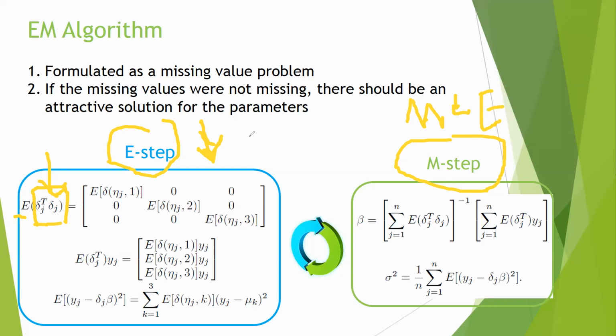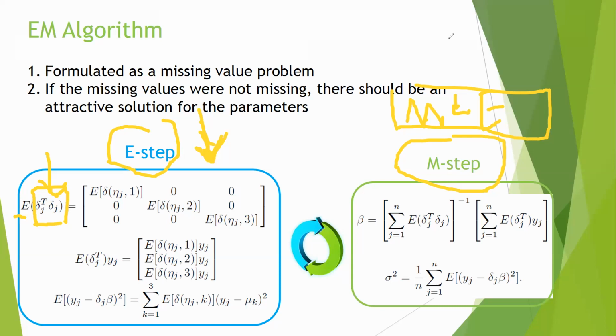However, in each iterative step, if we can calculate the expected value for this missing value from the previous step data information, and then we replace the missing value in the current step by the expected value calculated from the previous step, then we can treat the problem in the current step as a non-missing problem, and then we can use the MLE. So this is the core, the kernel of this EM algorithm.